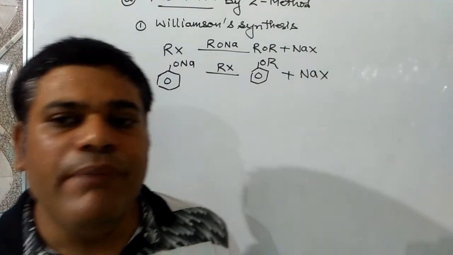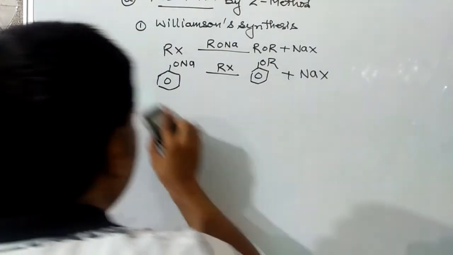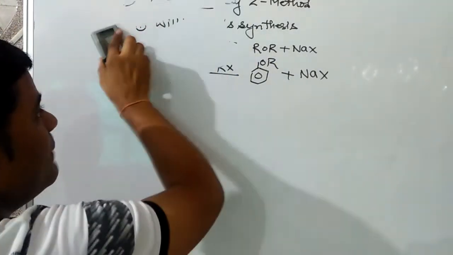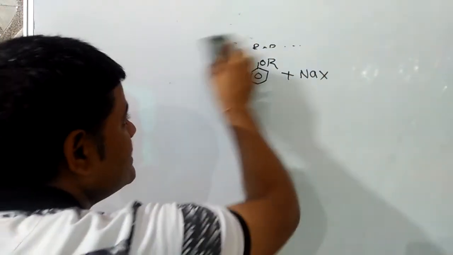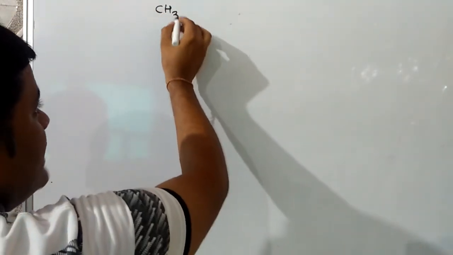But the major drawback of this reaction is that secondary and tertiary haloalkanes will produce alkene instead of ether.